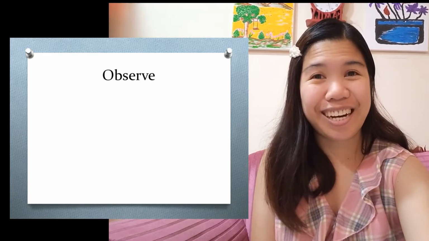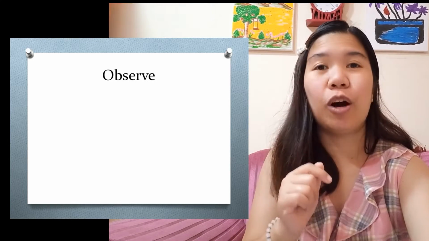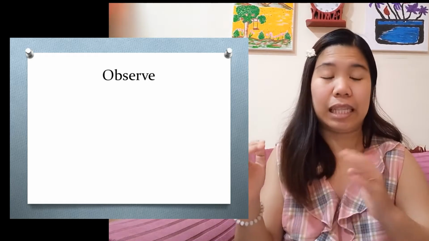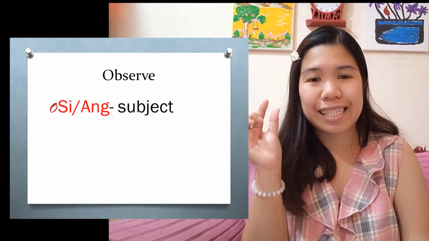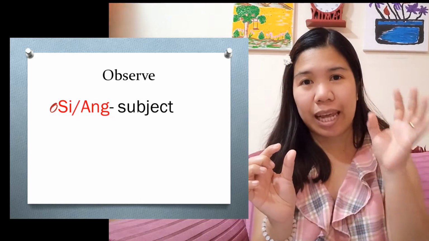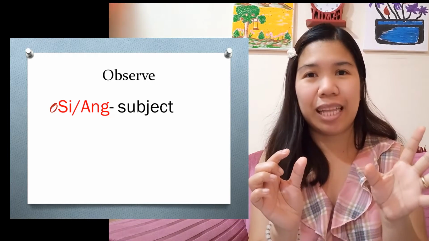But before I discuss, please let me just show this little observation. This will greatly help you understand the differences later on. Okay? If you see these short words, si and then ang, you must remember that the next noun or naming word is the subject of the sentence.